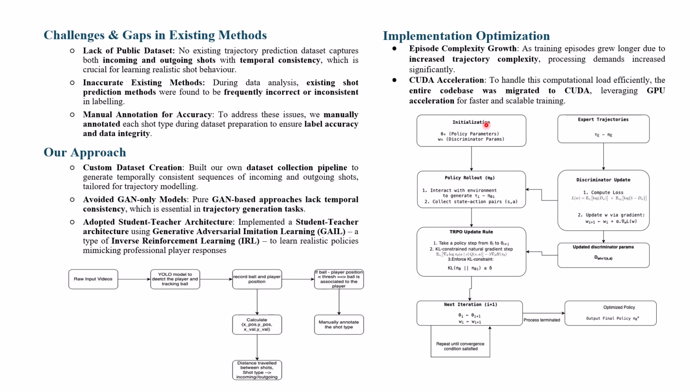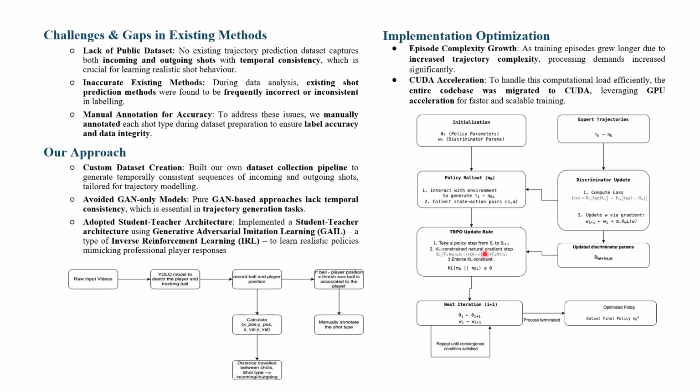We start by initializing the policy network and the discriminator, and we use human player data to act as expert trajectories. Here the policy generates its own trajectories by interacting with the environment. The discriminator tries to distinguish expert actions from the policy's actions, and it updates its weights using the loss function mentioned here. And the TRPO update rule, this is the optimization step.